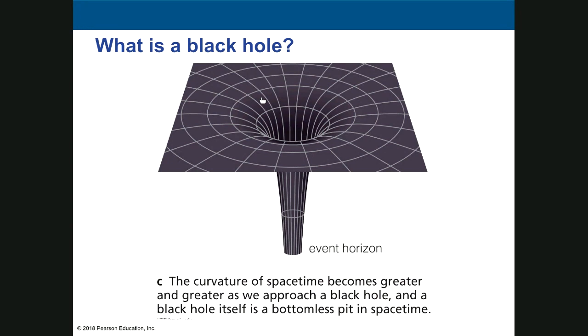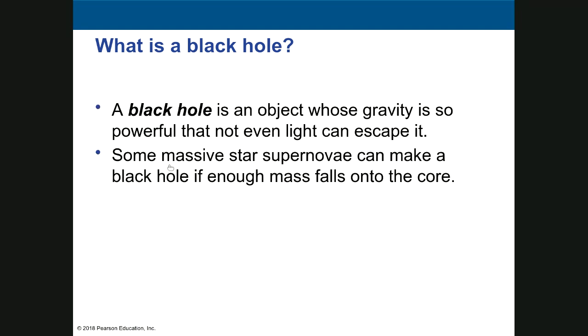All right. So let's go on with our properties of black holes. A black hole is an object whose gravity is so powerful that not even light can escape it. So the escape velocity of a black hole exceeds the speed of light. And black holes are created, as far as we know, from some massive star supernova, and that can make a black hole if enough mass falls into the core, more than the neutron star limit.